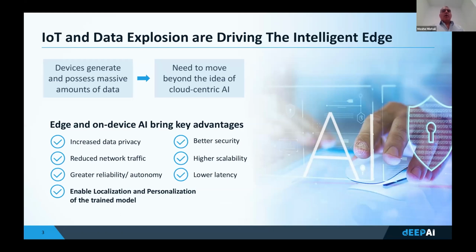So if you have different edge deployments, you can train each one of them to the personal properties of that edge location. So you can imagine that eventually we will have personalized training running on our mobile devices that can give us the best user experience that we can get from our device.